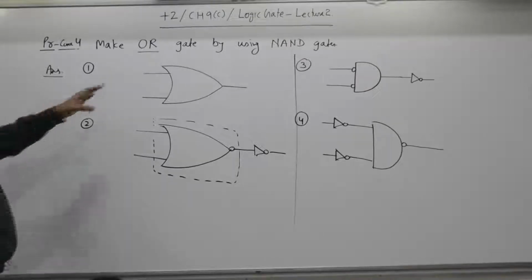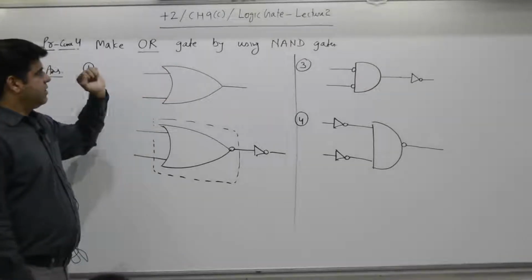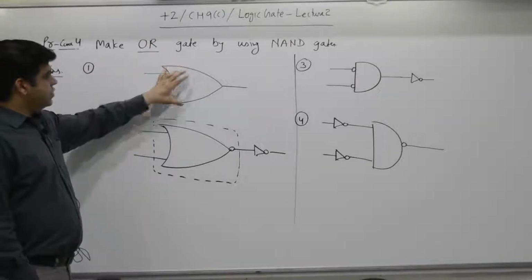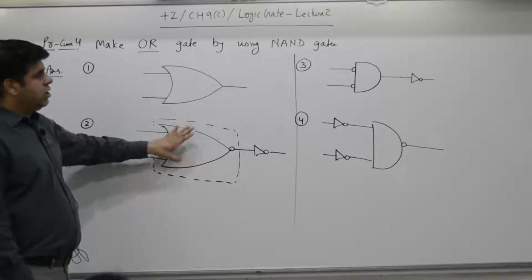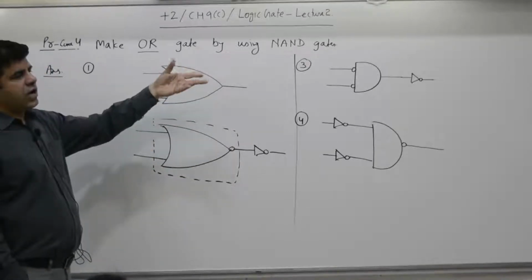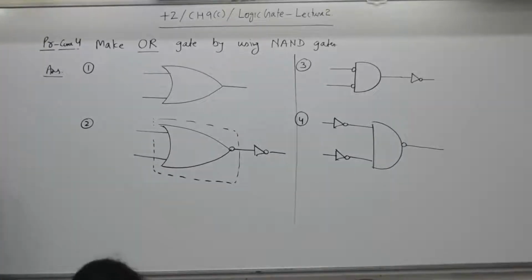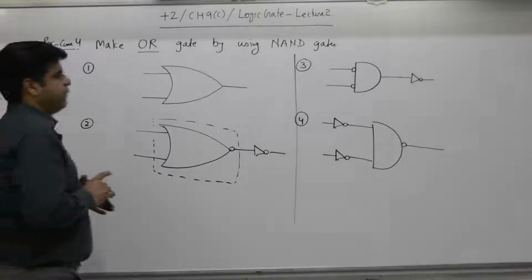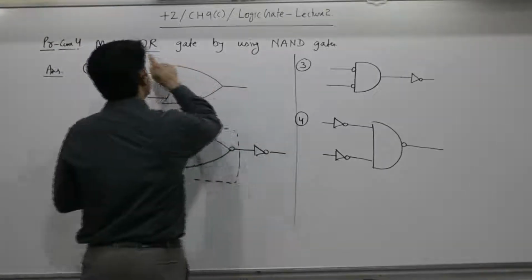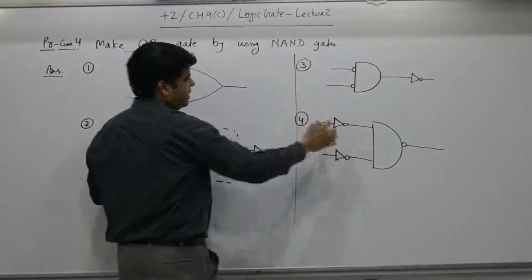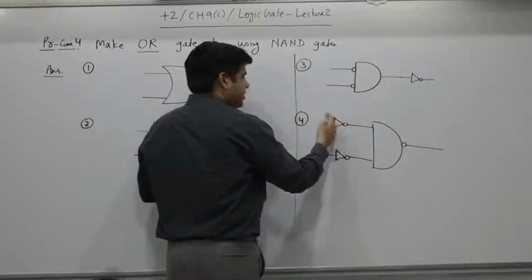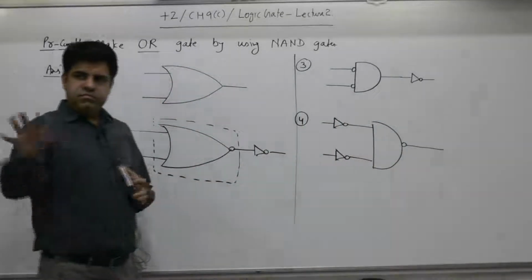This is what you want to get, OR gate using NAND. That means I will have to change it to NOR. NOR can be changed to AND or NAND format. Last step, help. You have to use only NAND gate, but this is NAND, this is acceptable. This is not gate, not acceptable.